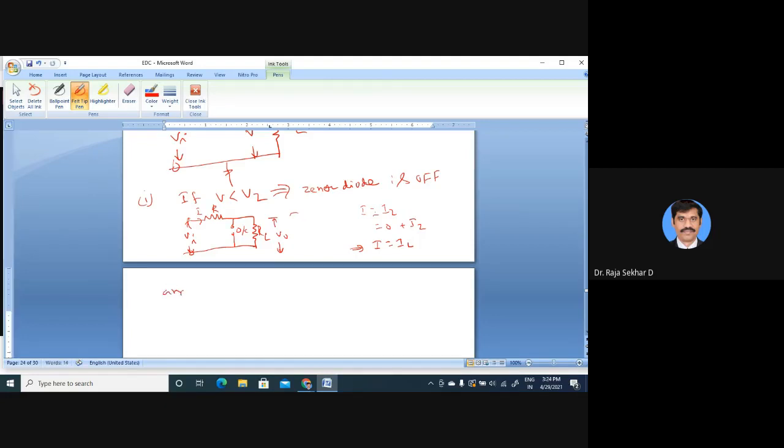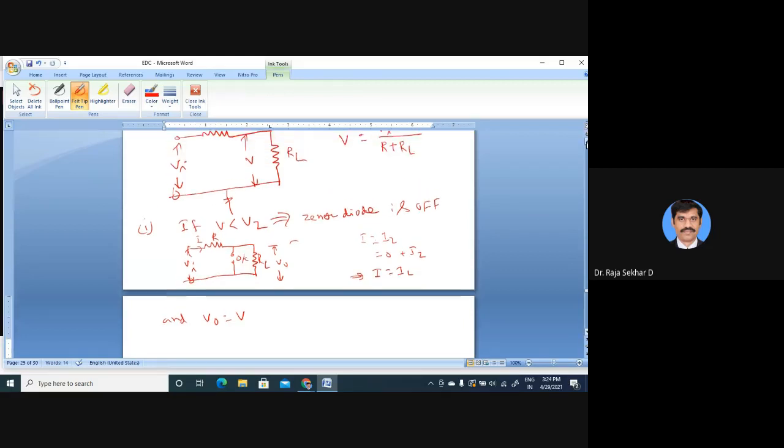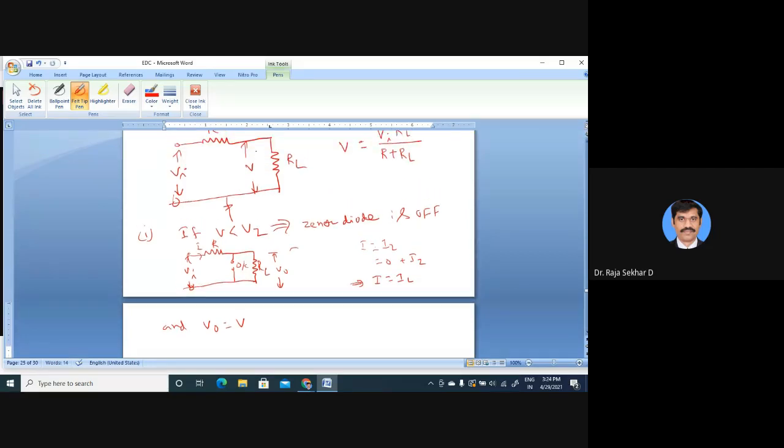And the output voltage Vo is equal to V. This voltage is also equal to Vo.